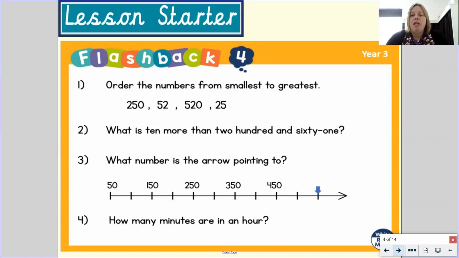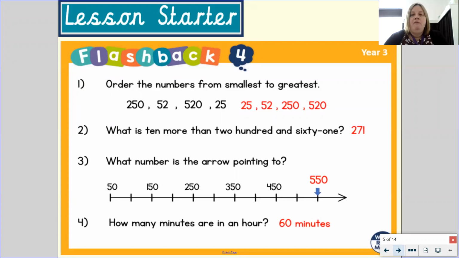Question number 3. What number is the arrow pointing to? So you need to work out what our number line is going up in. And finally, question 4. How many minutes are in an hour? Pause your video now and have a go at answering the questions for me.